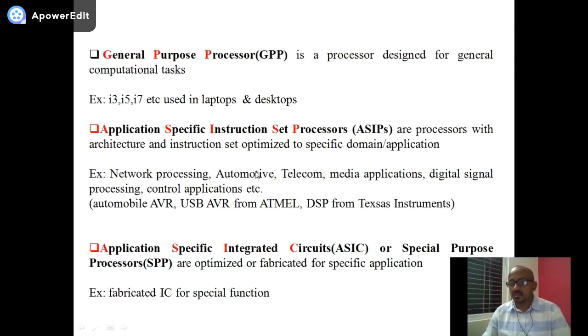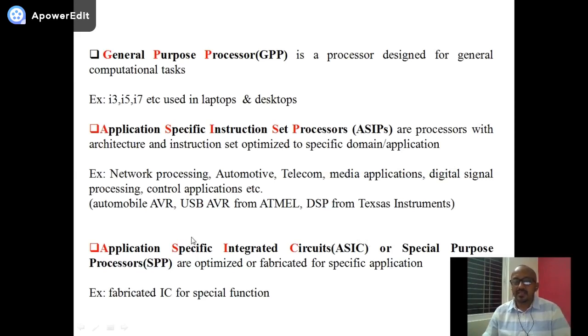These are the processors optimized for a specific domain. For example, the automobile domain, telecom, media applications, and digital signal processing. So, for example, the automobile AVR and USB AVR chip are application specific instruction set processors provided by Atmel, and a DSP processor from Texas Instruments.